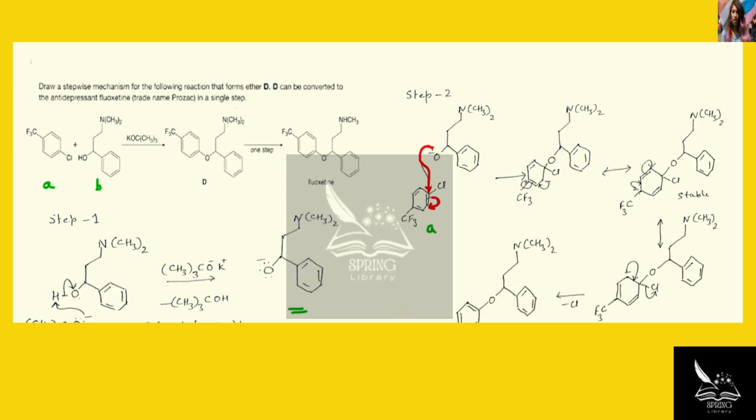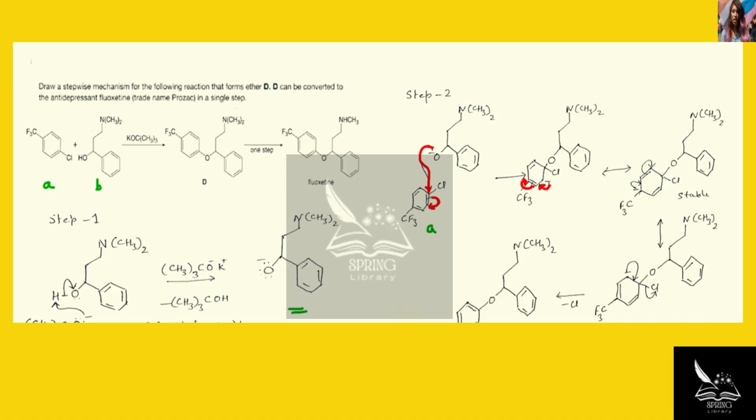After this, the negative charge is forming the bond between these two carbon atoms, and this bond will not be here and it is forming the charge at this carbon atom which is containing the CF3 group. So this is how we are getting this structure, the third one.